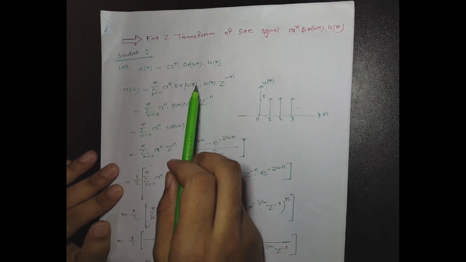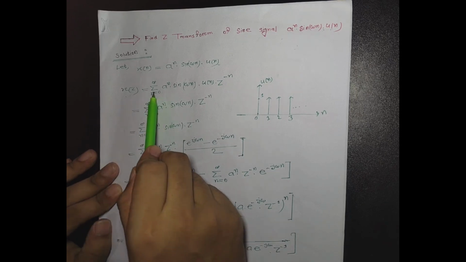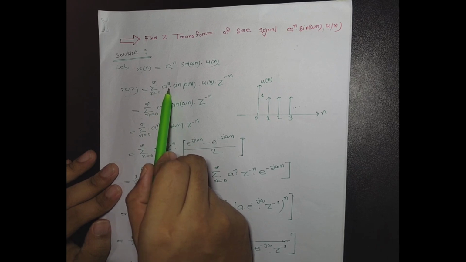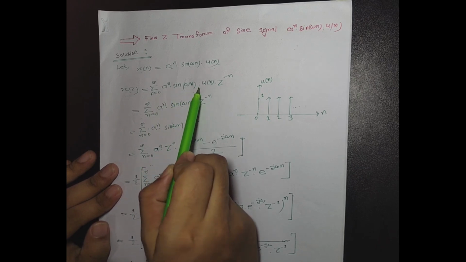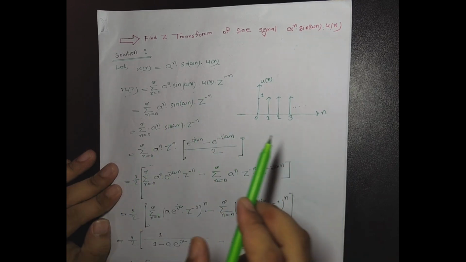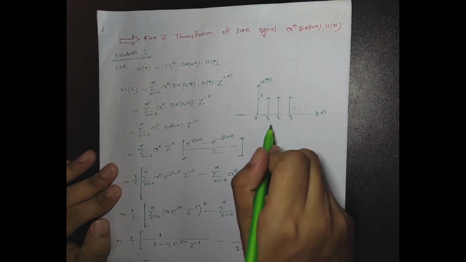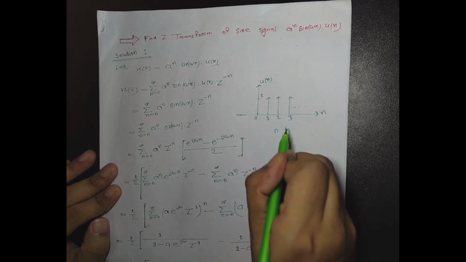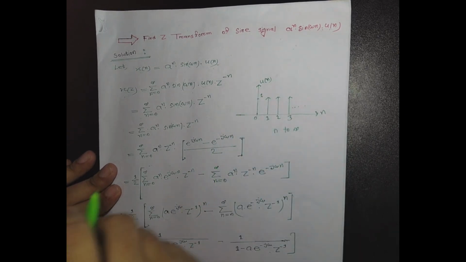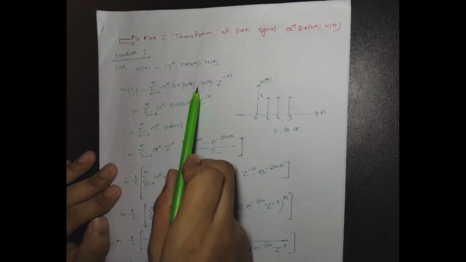For the Z transform of x(n), we can write X(z) equal to summation of n equal to 0 to infinity a to the power n sin(ωn) u(n) z to the power minus n. For u(n), the range is 0 to infinity and the value of u(n) is always 1.